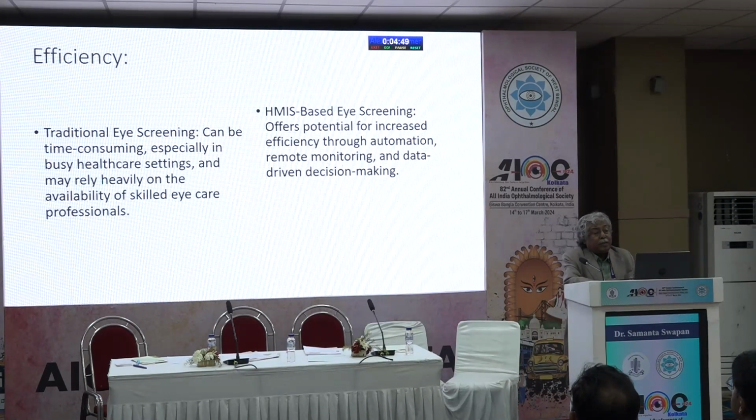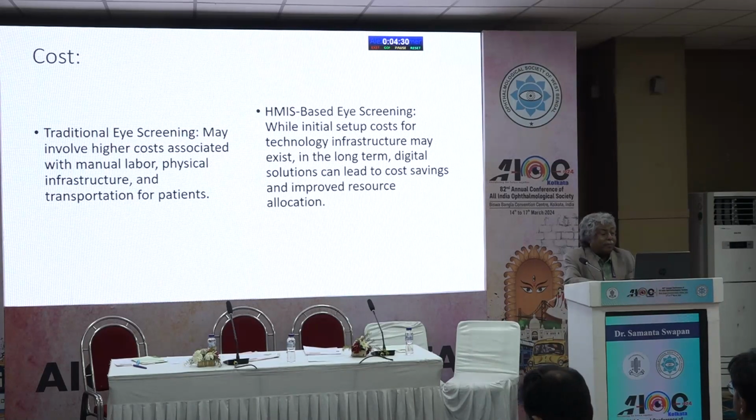Efficiency. In those days, volunteers with 3-4 days orientation, or health workers with 7 days orientation, were sent to the field for door-to-door visits and others. But nowadays, it is all technically oriented, with automation, remote monitoring and data-driven decisions. But above all, cost.